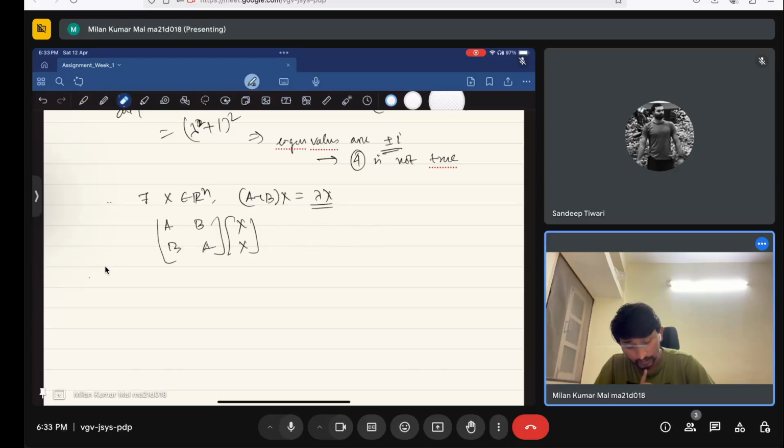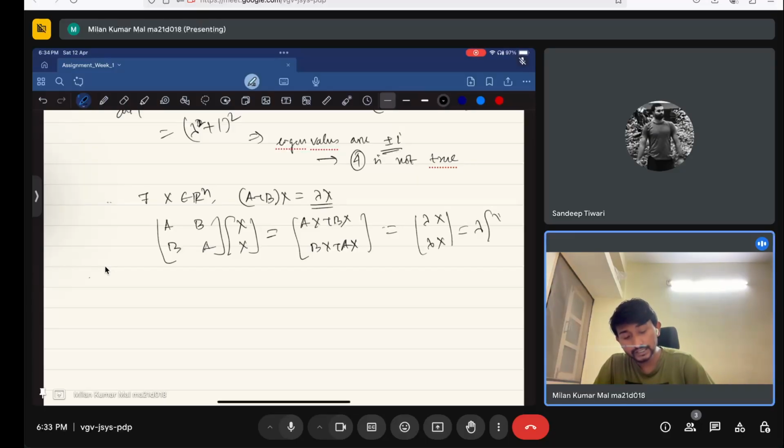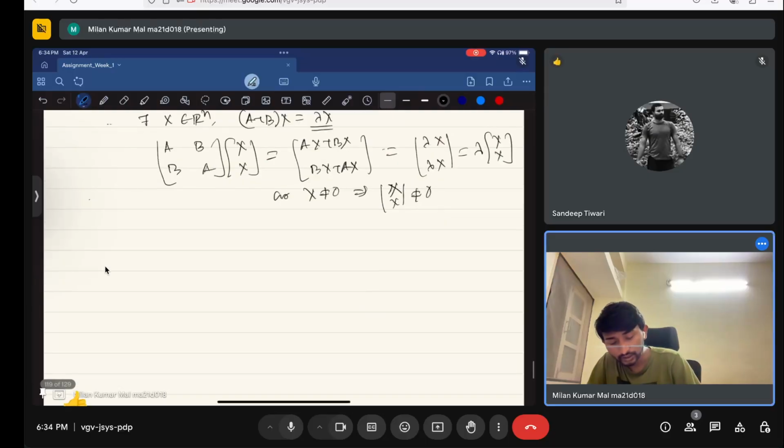If I take the vector x, x, then I get Ax plus Bx and Bx plus Ax, and that equals lambda x, lambda x, right? So as x is not equal to 0, lambda is an eigenvalue of C. So therefore the first option is correct.